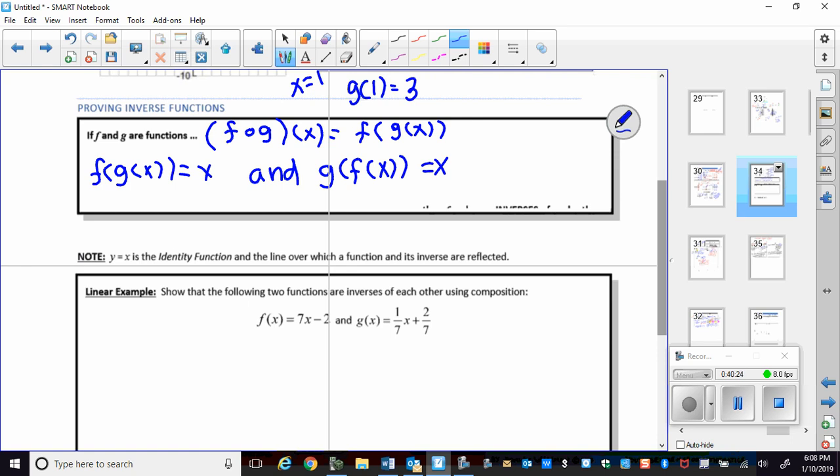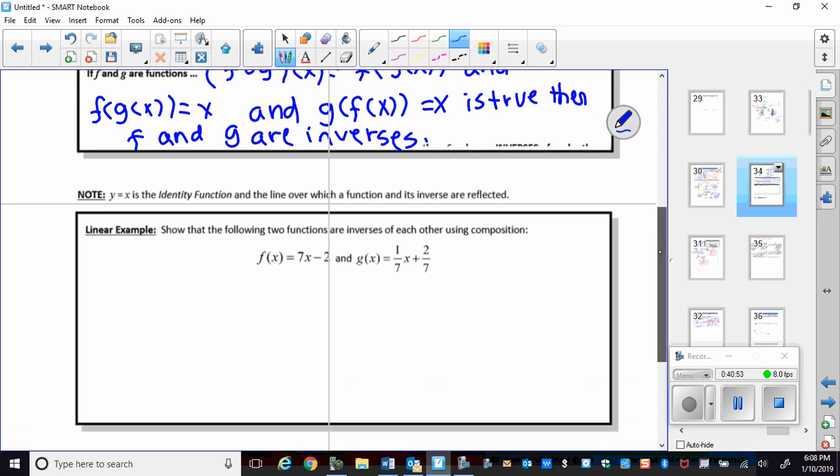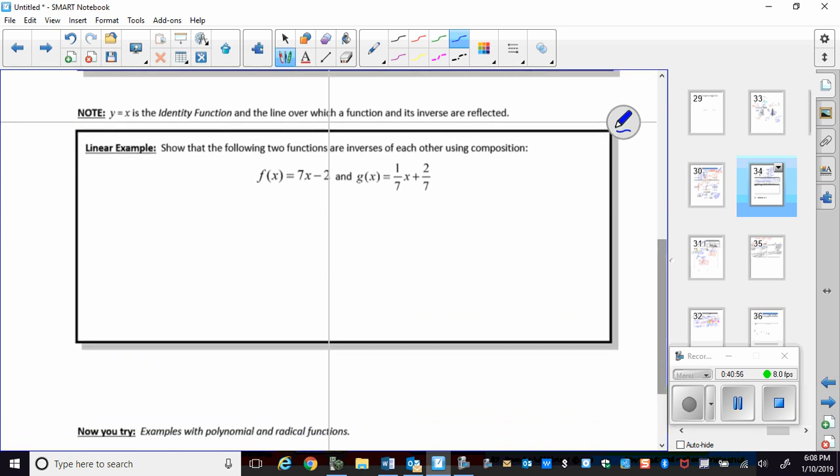So if f and g are functions, and this is true, then f and g are inverses. Note that y equals x is the identity function, and the line over which a function and its inverse are reflected. So we're going to show that the following two functions are inverses of each other using a composition.